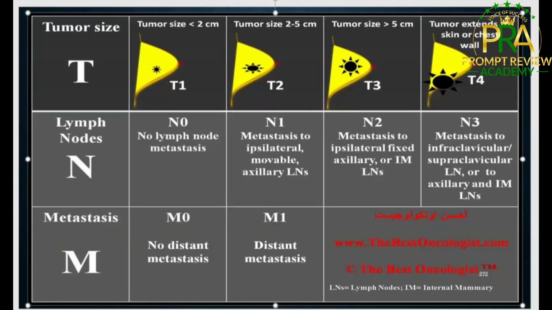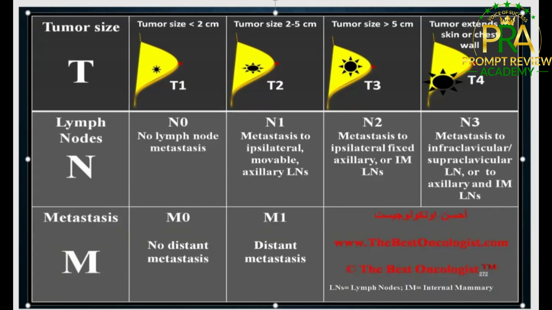Then if it has metastasized to the infraclavicular area, supraclavicular, so it has metastasized to those areas, then that is N3. Then metastasis, which is M. If there is no distant metastasis, that means it has not moved to other organs.